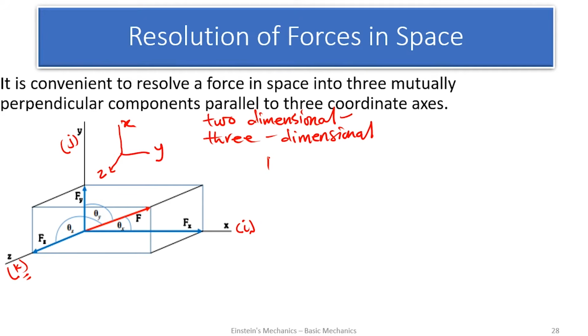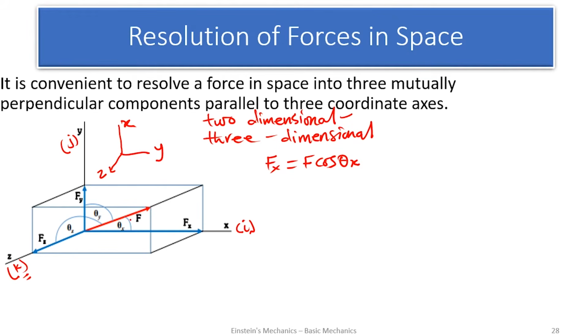If I want to resolve this force on the x, it is going to be F of x. That means the force on the x-axis should be equal to the magnitude of F cos the angle it makes with the x-axis, which is theta x.